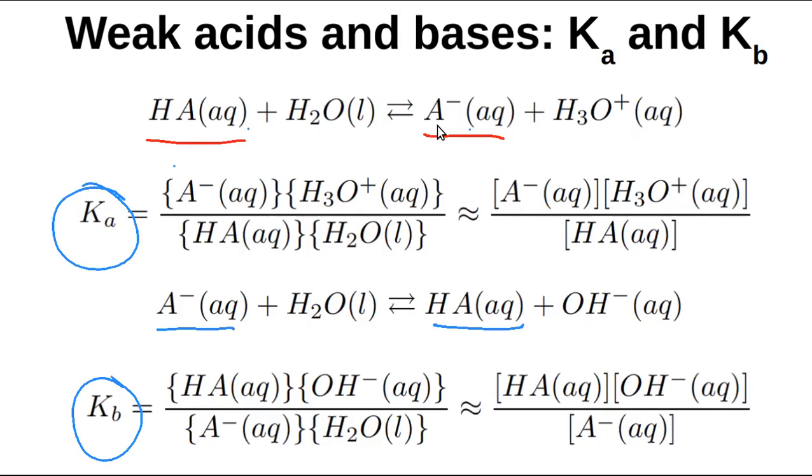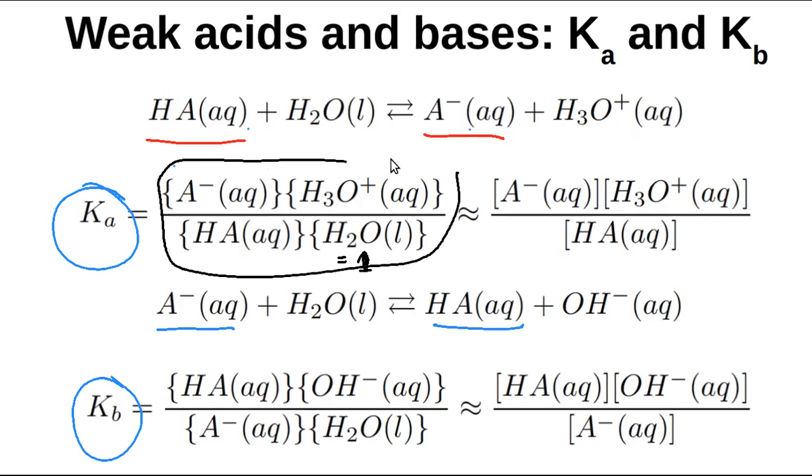So it's A minus times oxonium divided by HA and H2O. And since this H2O is, if it's a dilute solution, we can just get rid of it and replace it by a unit. This expression is the correct expression for the acidity constant.